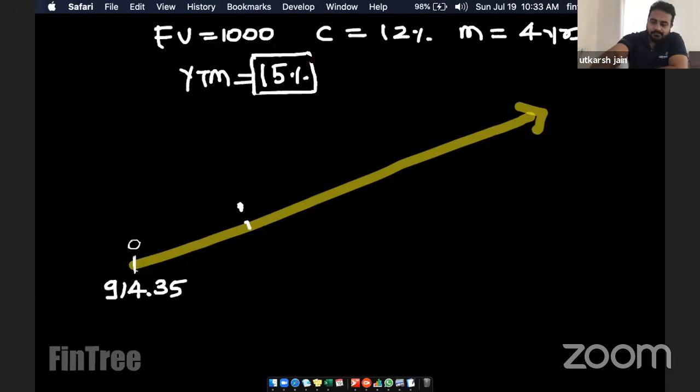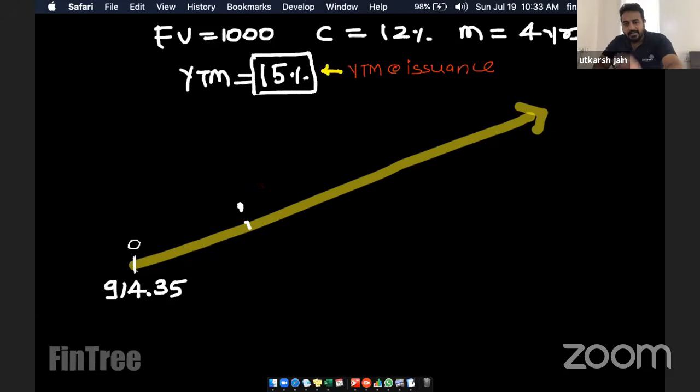Yes, but in accounting in general, we don't care too much about market values. Of course, there are a lot of exceptions, but in general, we're more concerned with the book values. So this number we're going to call YTM at issuance. The day I issued my bond, the YTM was 15%, and that's the only number that matters for us.